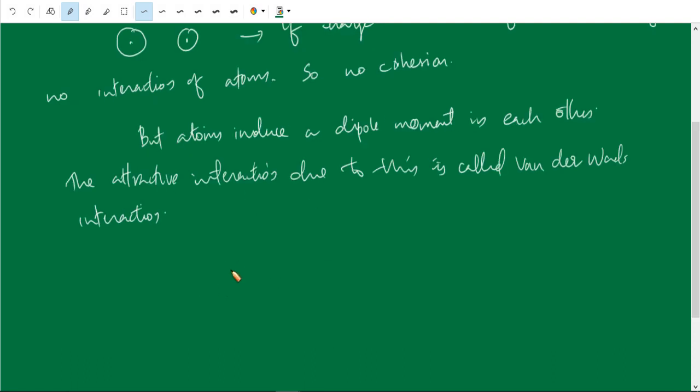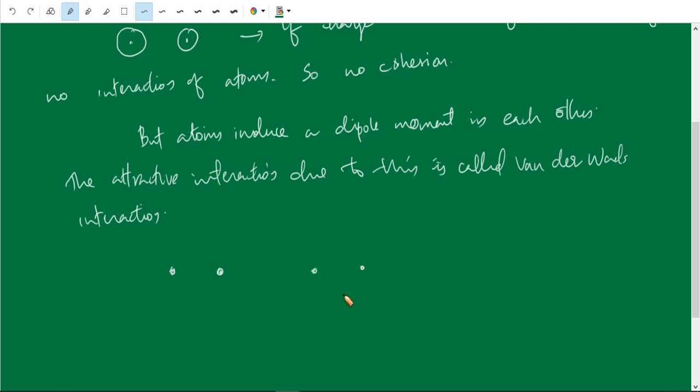Now let us consider the two atoms, that is two dipoles, as two identical linear harmonic oscillators with the positive and negative charges with separation x1 and x2 respectively, as shown in the figure. So there are two atoms.